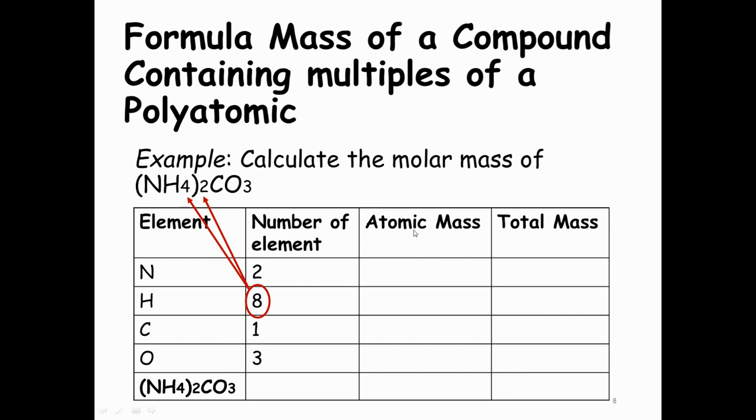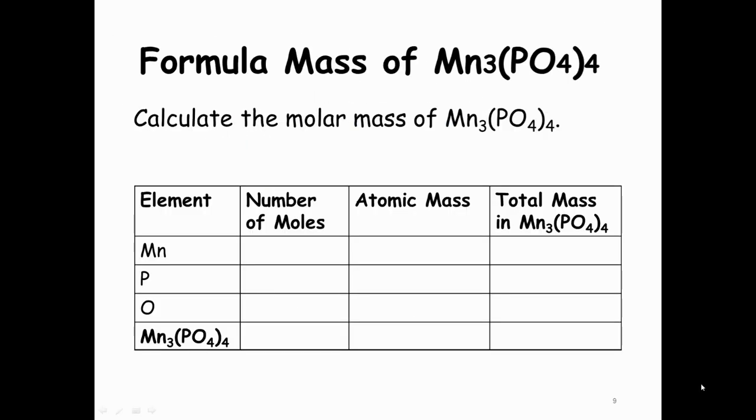So it should look like that. Okay, same thing applies. You would write E, hashtag, M, write everybody out, get their masses, add them all together. This one should have been a total of 96.11 grams per mole of ammonium carbonate. Okay.